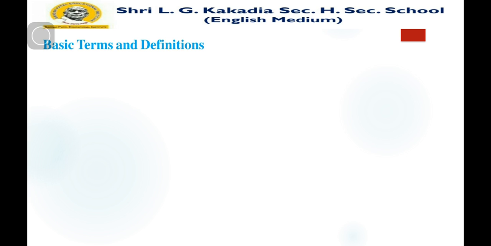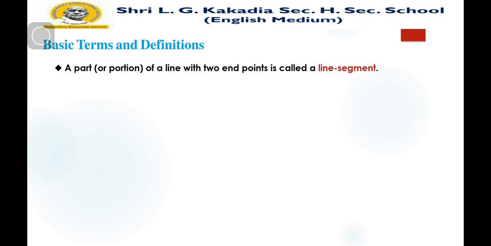Now, line segment. What is a line segment? As you know, a part or portion of a line with two endpoints is called a line segment. A line has no endpoints. But if we take two endpoints on a line, it divides the line into a smaller part.